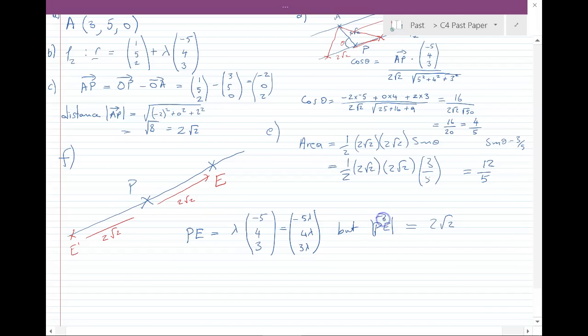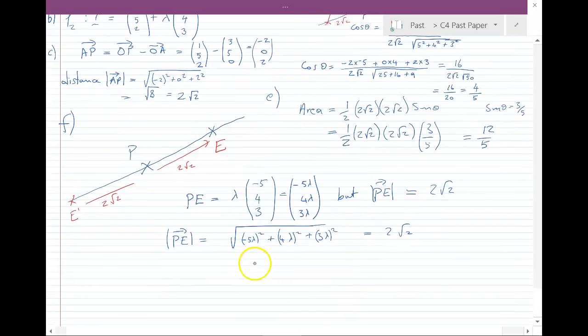So we can say that the modulus of PE is equal to the square root of (minus 5 lambda) squared plus (4 lambda) squared plus (3 lambda) squared, and that equals 2 root 2.